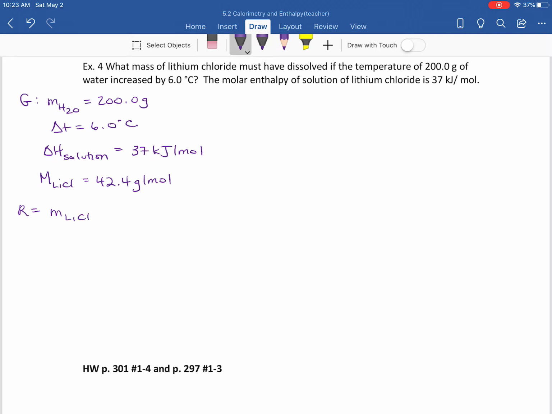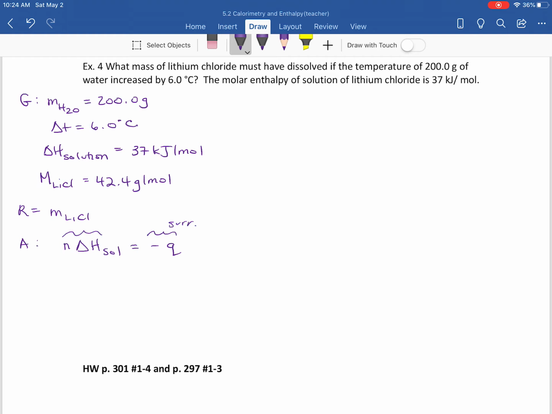All right, I think we've got everything here. So what are we looking for? We are looking for the mass of lithium chloride. Okay, so once again, our equation that we're going to be playing with is moles times molar enthalpy equals negative Q. And once again, I put that negative Q in there because you know that they've got opposite signs.